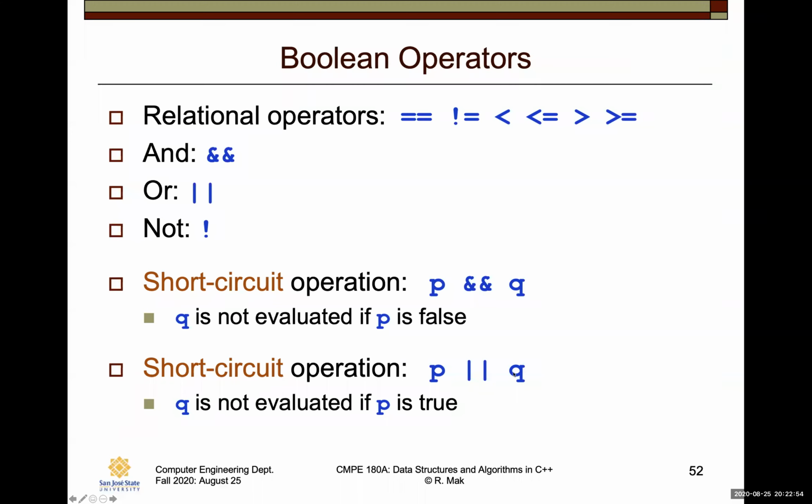It doesn't bother to evaluate Q. So this is known as short circuit operation. Now, most of the time, it really doesn't matter whether it's short circuit or not, but sometimes it does matter, and you'll see instances where it does matter that C++ is doing this short circuit operation.